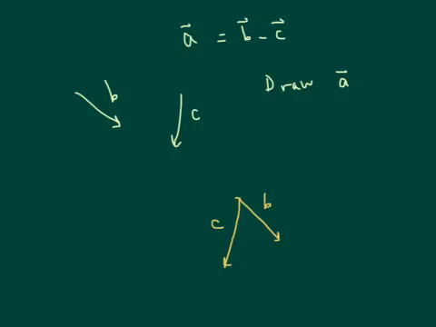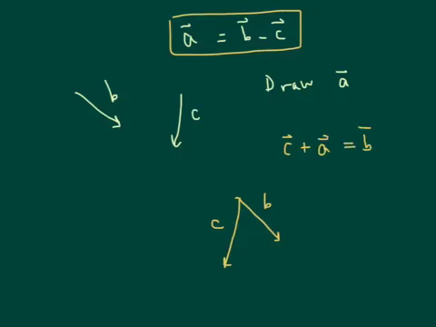Then consider what the addition is. Take the subtraction and rewrite it as a vector addition. So I would rewrite it by adding c to both sides, and that tells me that c plus a equals b. Aha! B is the resultant. B has to connect from the very beginning to the very end.